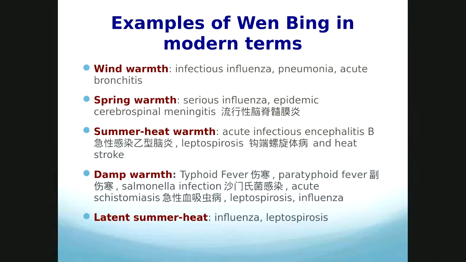Summer heat warmth could be presented in conventional terms such as acute infections causing very bad troubles for the brain. Usually when children have this, they may suffer mental disorder. They are not very intelligent in a way. They're very, very slow in the brain. So summer heat warmth, part of that is like this.